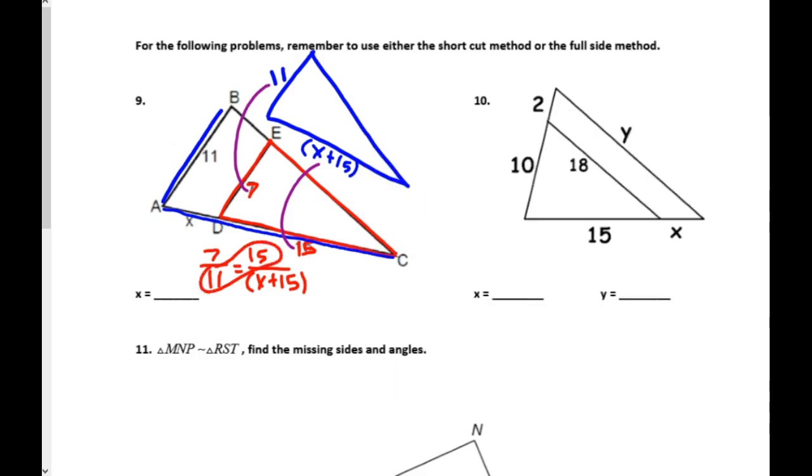So 11 times 15 is 165. Then we have 7 parentheses x plus 15. That I need to distribute. So 165 equals 7x plus 105. If I got that right. And then we get rid of the loner, minus 105, minus 105.